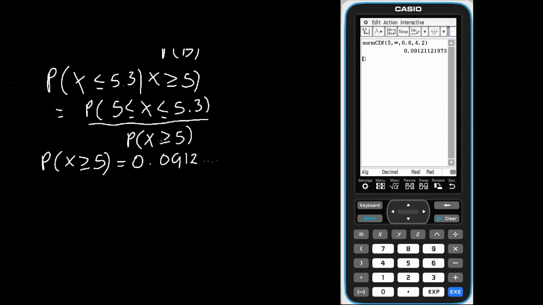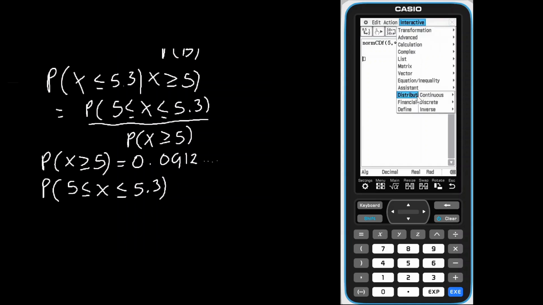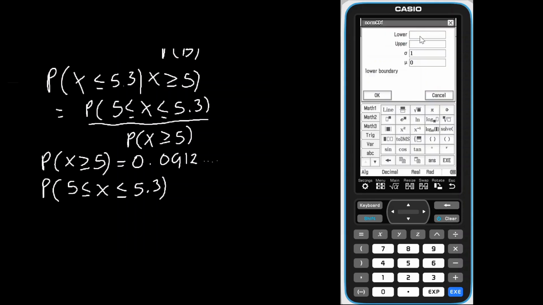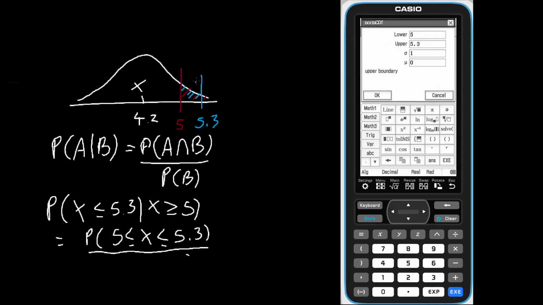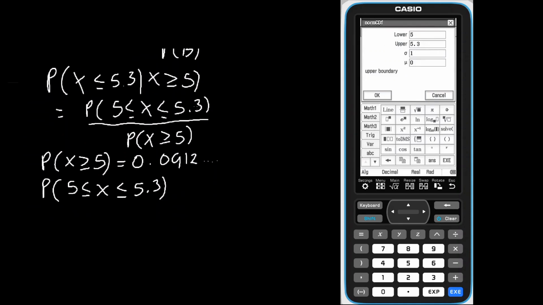And now we can figure out this particular one, X between 5 and 5.3. And again, we can go to interactive, distribution, continuous, normal CDF. Our lower bound is 5, but our upper bound this time is 5.3. So we can see that's the blue line there.